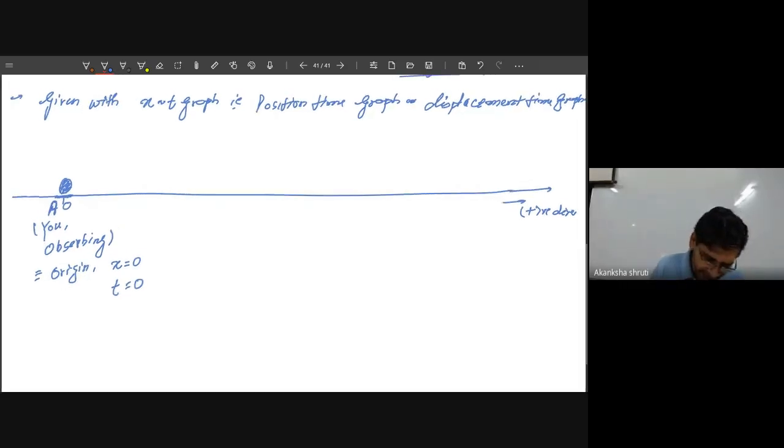The body may move either left or right. Since this is our origin, the initial observation point, the starting point, that is the better word.